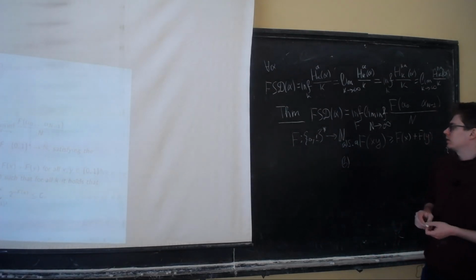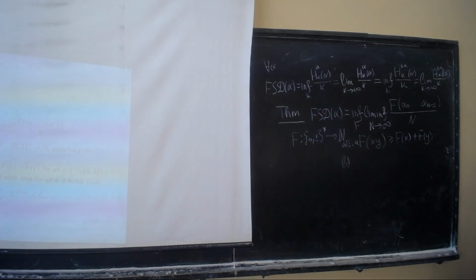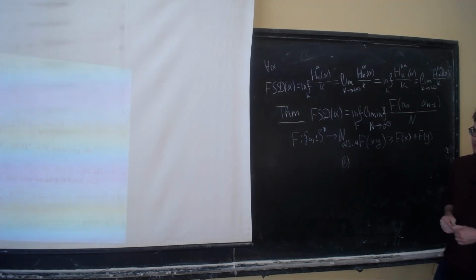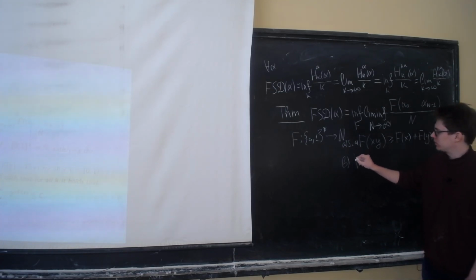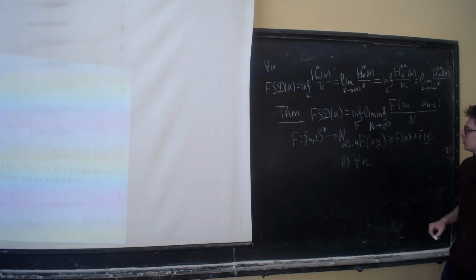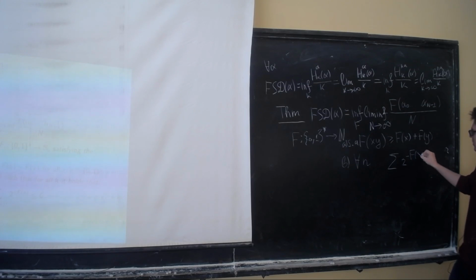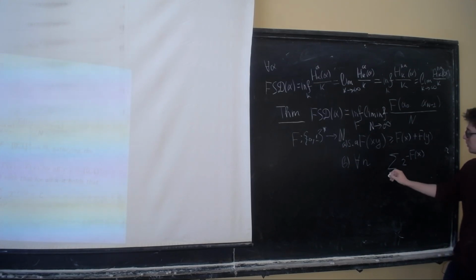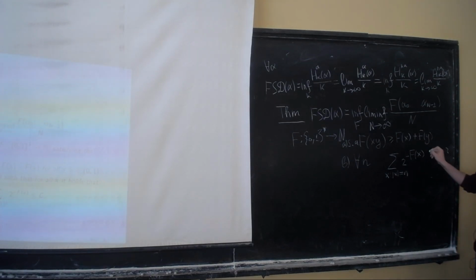Here we have something similar to prefix complexity, but a little bit weaker condition: for all n, the sum of 2 to the minus f of x over all x's of length n is bounded by a constant.